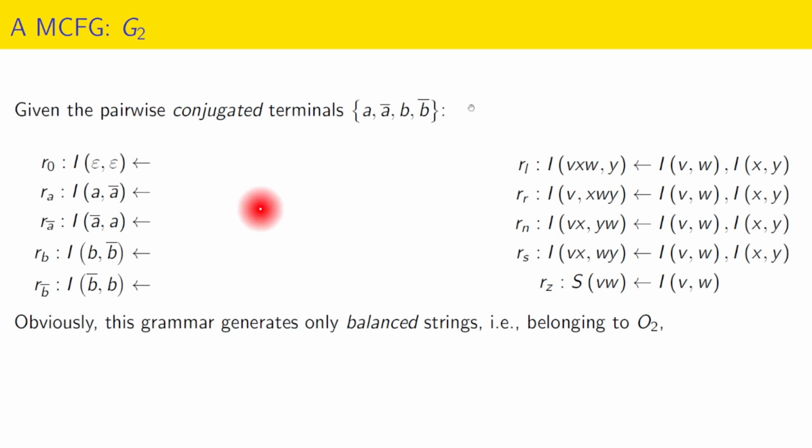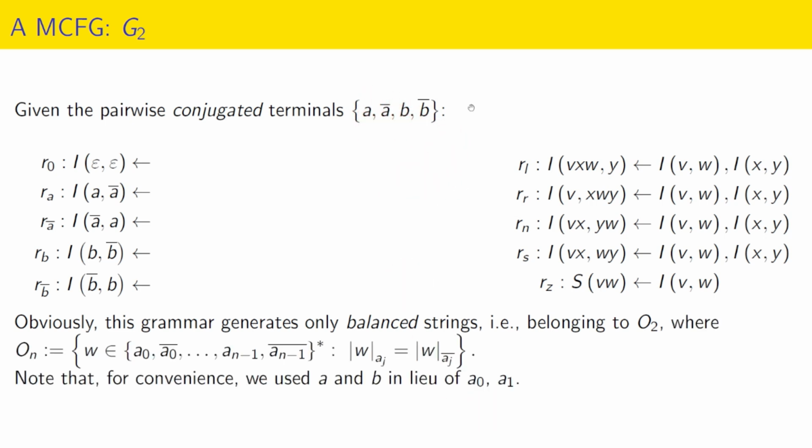Okay, the first thing one might notice is that since you always introduce letters in pairs, the A and conjugate A and B and conjugate B and so on, always together, whatever strings you generate using this multiple context-free grammar is balanced, which means it has the same number of A and conjugate A's and the same number of B and conjugate B. And we call this type of language O2, where 2 stands for the fact that we only have A and B. But in general, you can have ON.